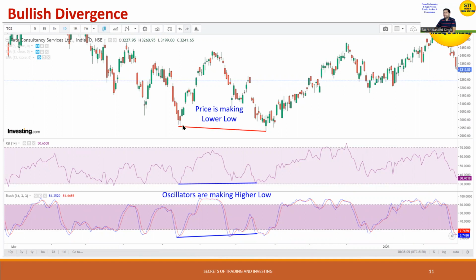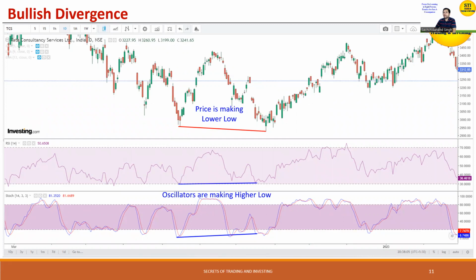If you look at the first point where my red line starts, I just joined the two lows of this falling market. After the first low, the price bounced back and went up, and again it is coming down and has made another lower low. This is the Dow theory, the first theory we learned.